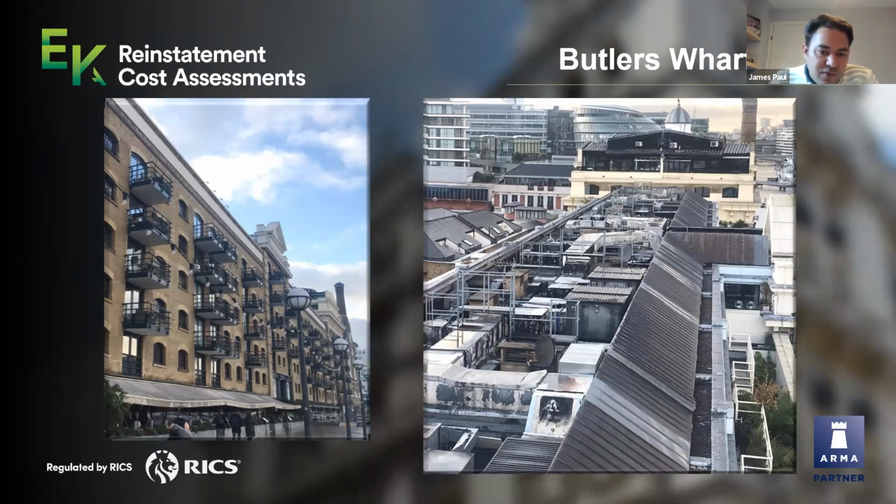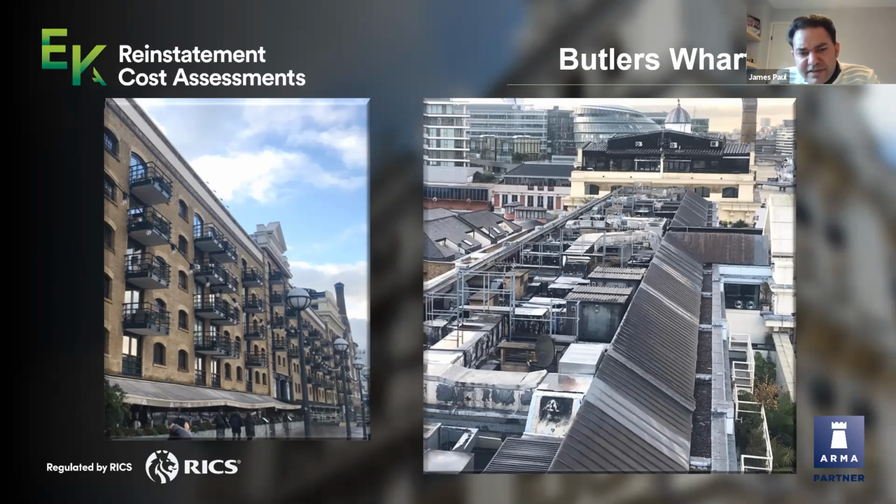The ground floor level of that building is pretty much 100% demised to commercial units, shops, restaurants, cafes, that sort of thing. And everything above first floor level is basically residential flats. So if you like, it's a mixed use development. And we were asked to work out just the residential portion of it.